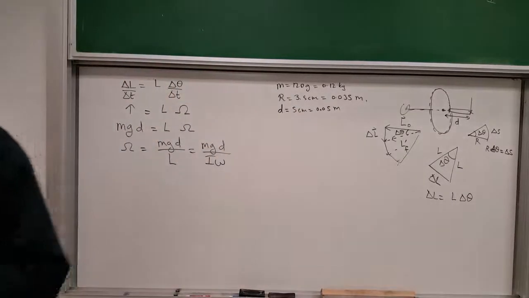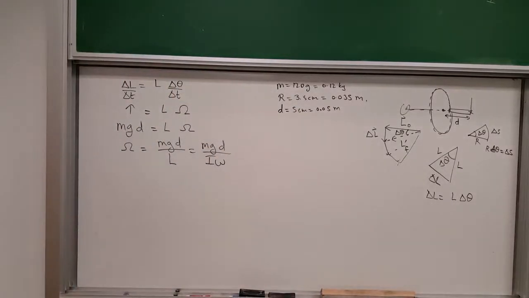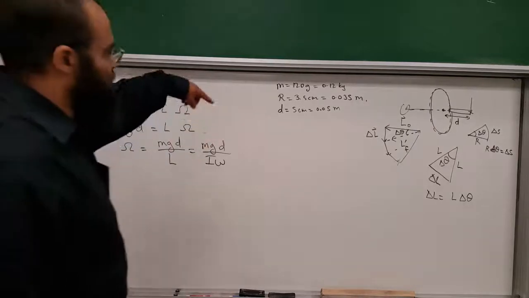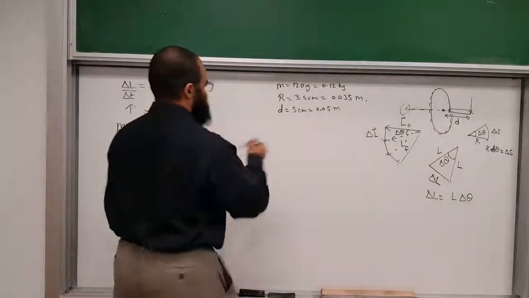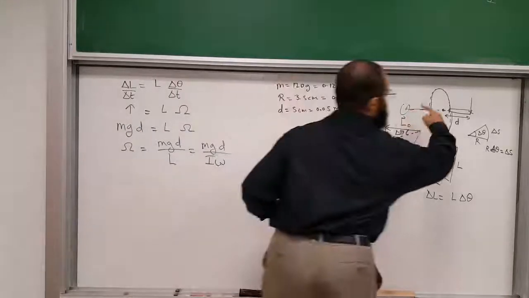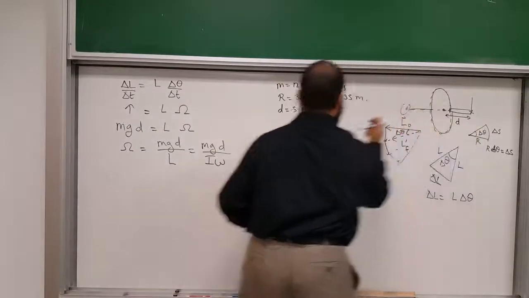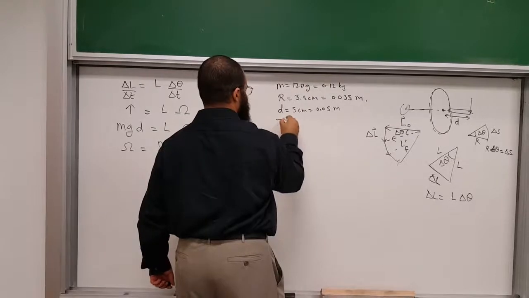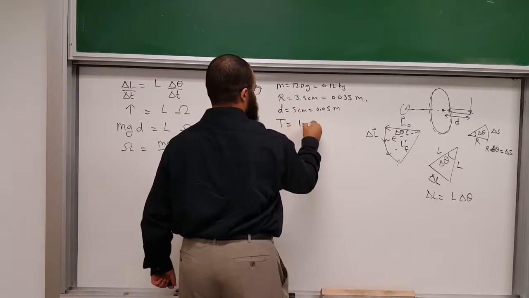And then they say it is observed that the gyroscope will precess with a period of 1 second, meaning it will make one rotation in 1 second. So it will be going around the string by 1 second. So the period would be 1 second.